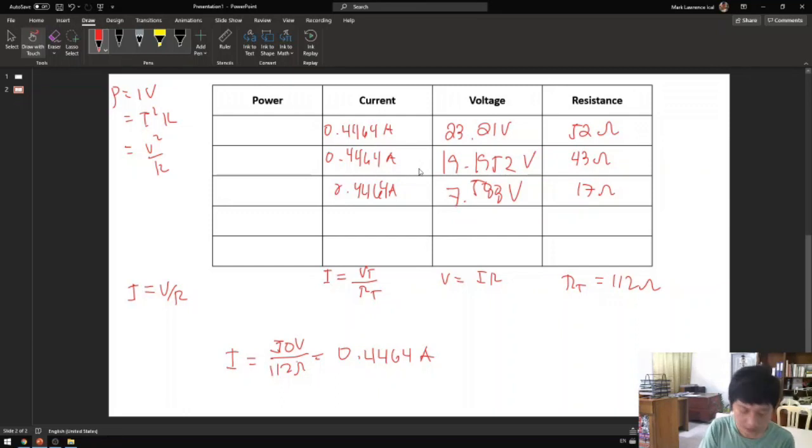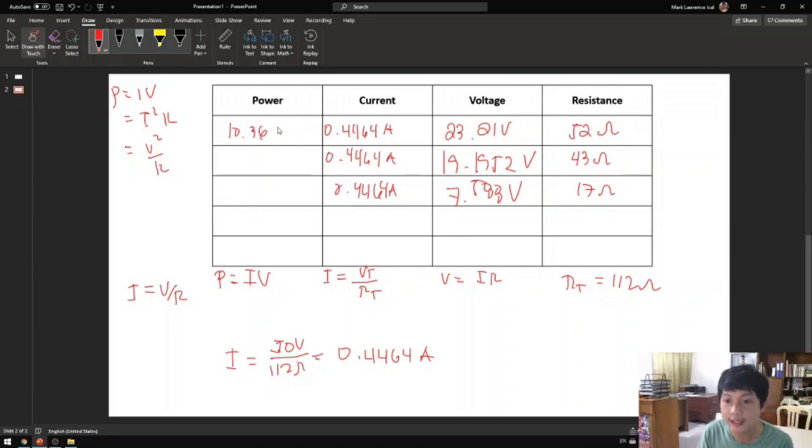Now let's try P equals IV. 0.4464 times the voltage, 23.21, gives 10.36.